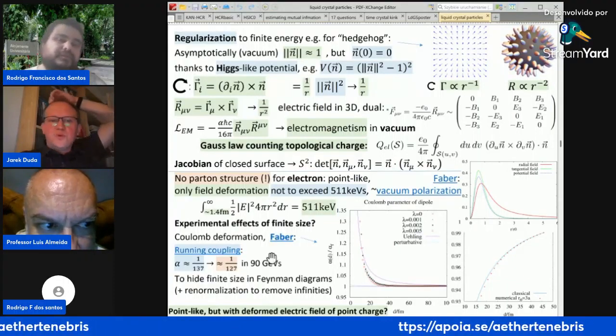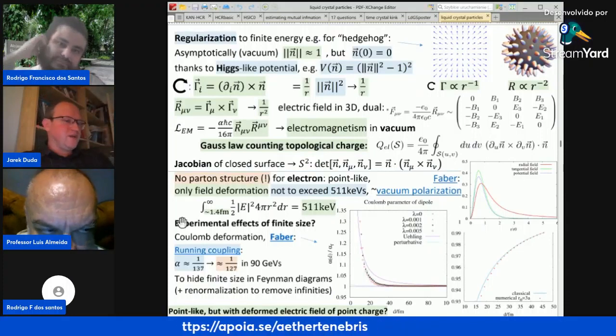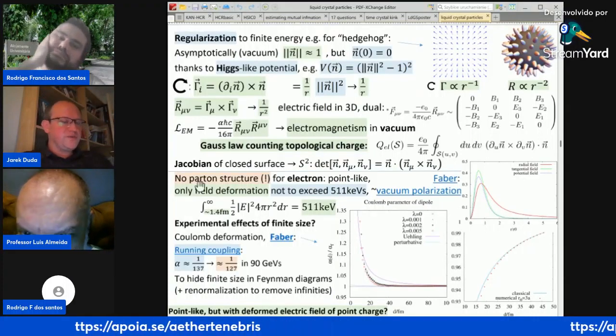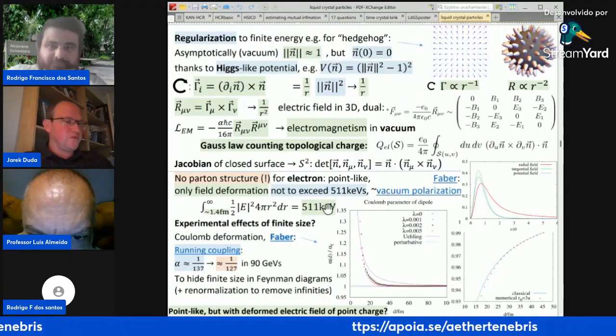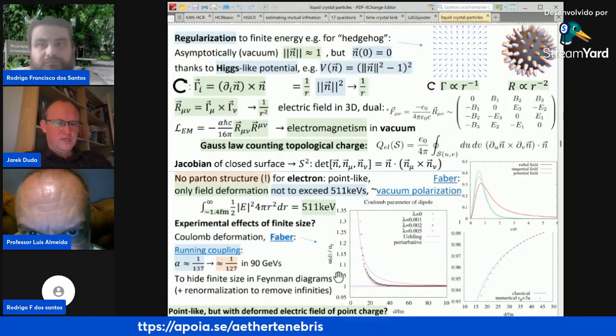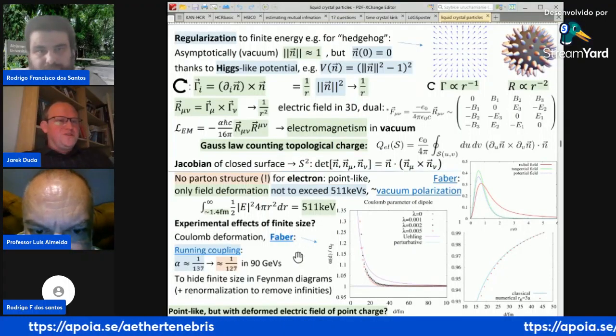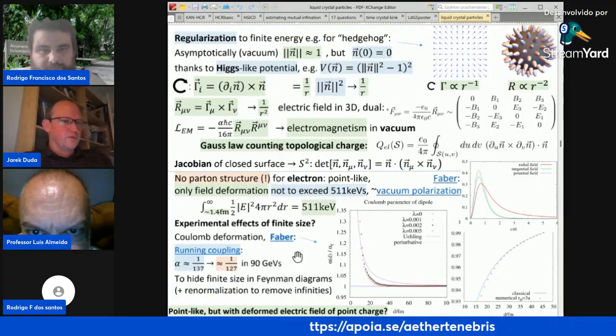So to summarize, not to exceed the mass of the electron with its electric field alone, we need some deformation, and including this deformation, we also get a deformation of the Coulomb interaction, which is exactly in agreement with the running coupling. So there is no need of magic. We can understand everything in classical physics before the second quantization.